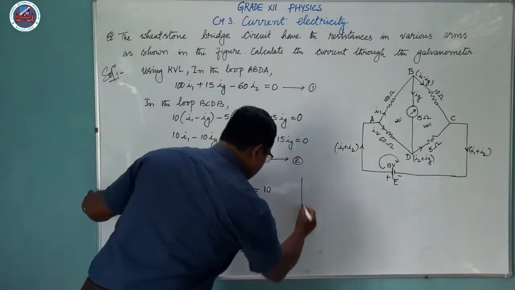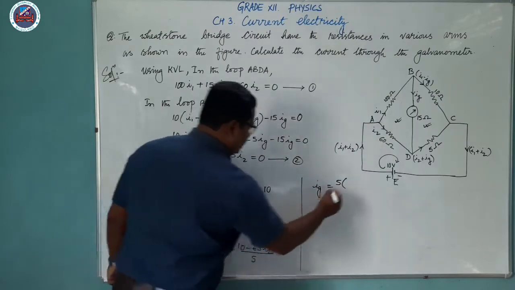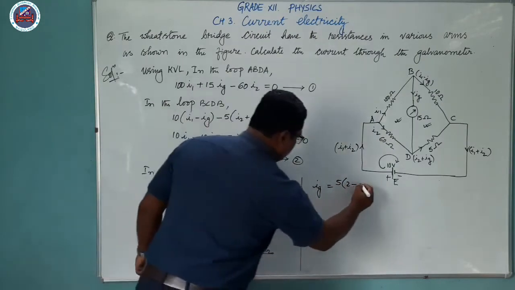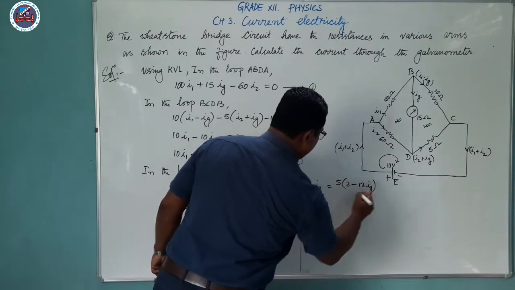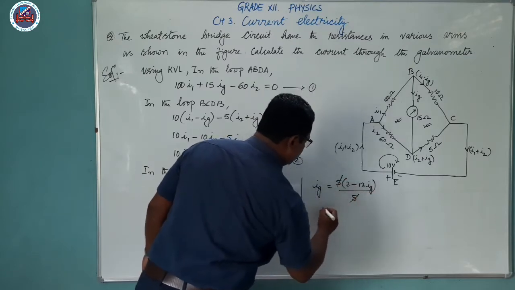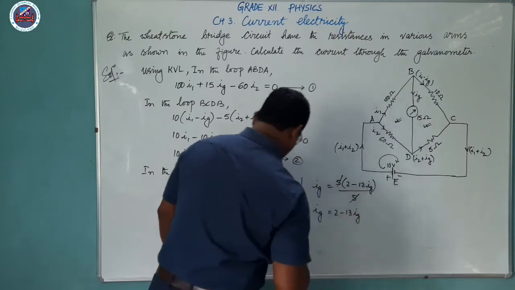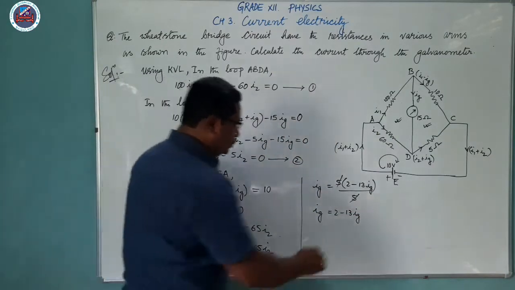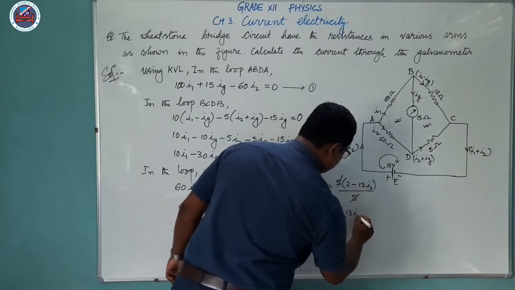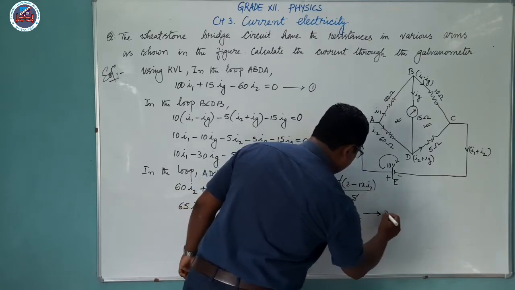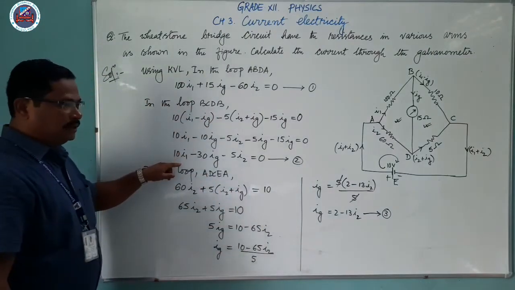You can take 5 common: 5 twos are 10, 5 thirteens are 65. This 5 we can cancel. So Ig is equal to 2 minus 13 I2. Sorry, this is I2. We mark it as equation number 3. Now we'll put the value of Ig in equation 1 and equation 2.